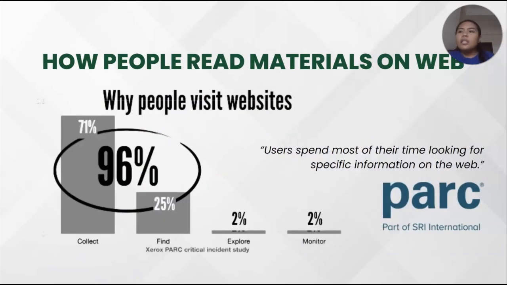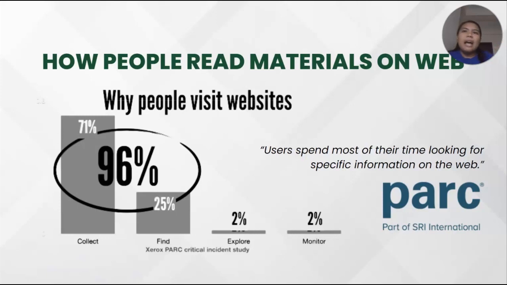In this particular study by Palo Alto Research Center, formerly known as Xerox PARC, 71% of their users collect information from the web. Some of the examples of that include collecting information for a certain research. Okay, and 25% of their users find information.